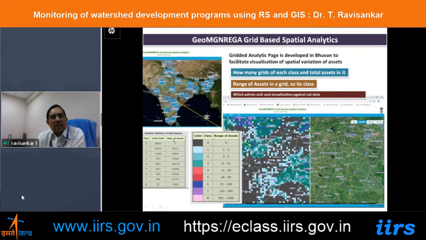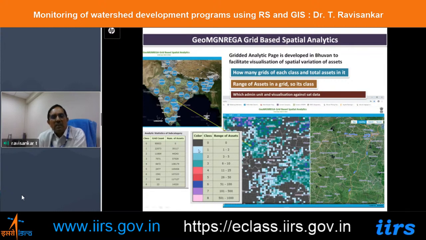And you can get the class-wise and category-wise. And we have put a 5 kilometers by 5 kilometers grid, and in each grid, depending on the number of the geotags, they have been classified, or they have been put into different groups. And you can see each grid.